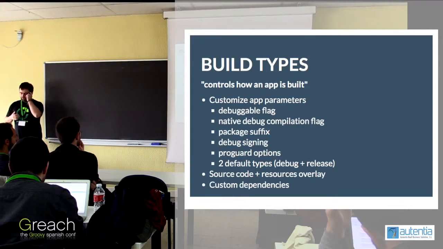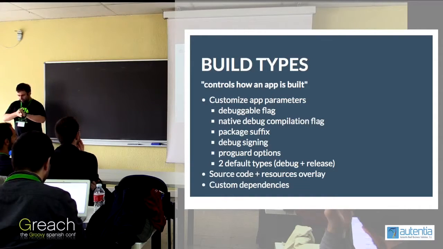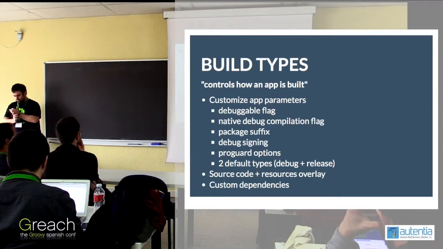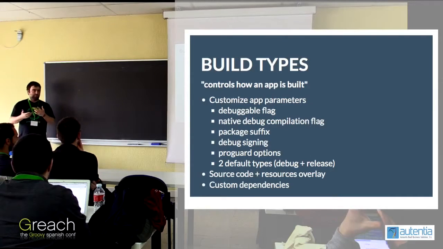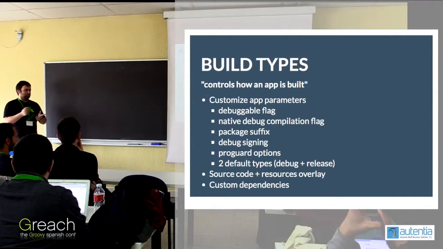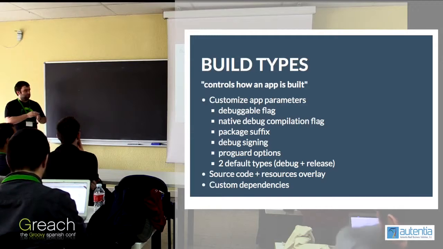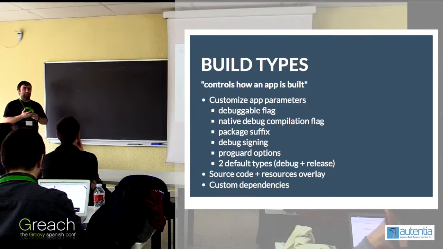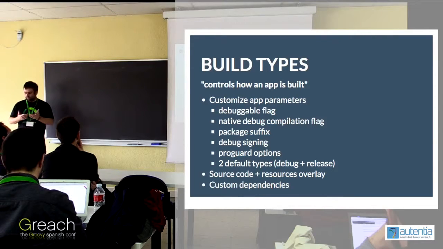You want to have some obfuscating, whatever. You might have different tasks you want to wire in, like deploying somewhere in a specific location, or there are third-party plugins like Crashlytics where you can upload your release APK and all that kind of stuff. Or things like signing, quite popular.